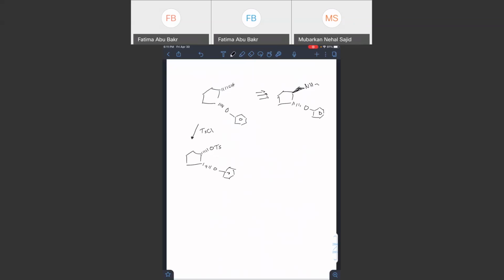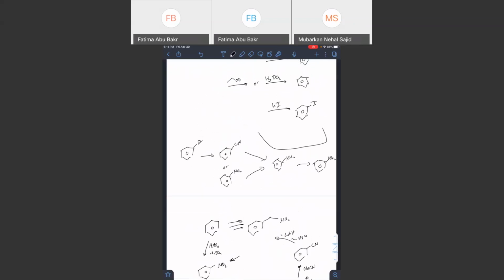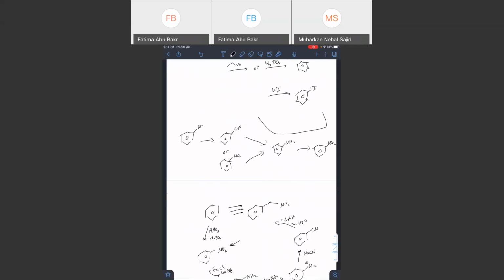So from here, we're going to have to go to an NH2. How do we get NH2? Let's go back. The best way to get to NH2 is either to go through a CN or an NO2. Either one will work.